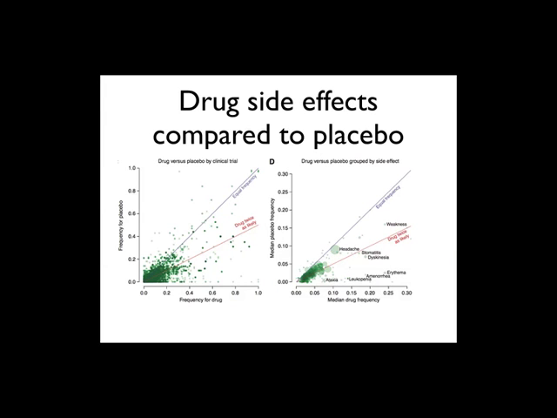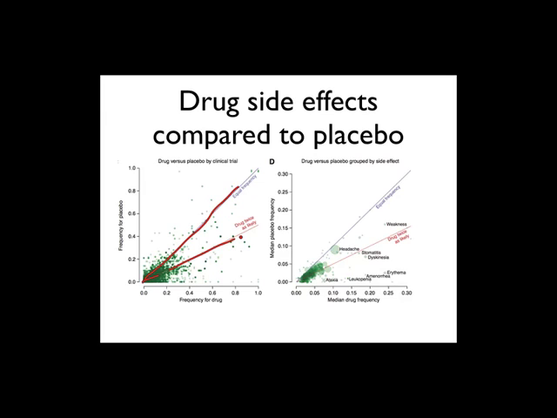The other interesting thing to note is how they relate to placebos in clinical trials. And in some cases, you see here with this blue line, you see many side effects which occur with equal frequency with the placebo as in a clinical trial. The red line over here shows that with the drug, it is twice as likely.